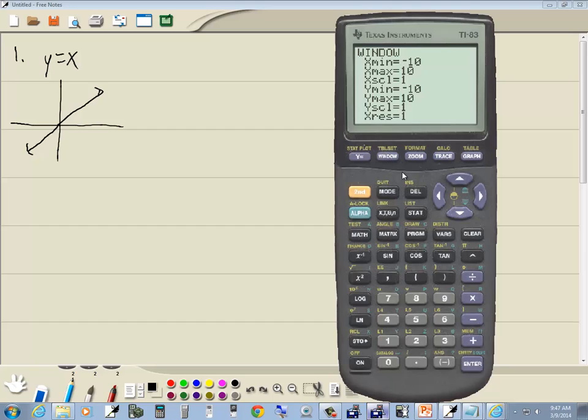Sometimes people go into the window by accident and put something in there like 20, where the Xmin is greater than the Xmax. Then if they press graph, it gives you an error, window range. Again, Zoom 6 will fix all kinds of errors. Now, those won't fix every problem on your calculator, but if you told me it's 95 or 98% of the problems, it wouldn't surprise me.